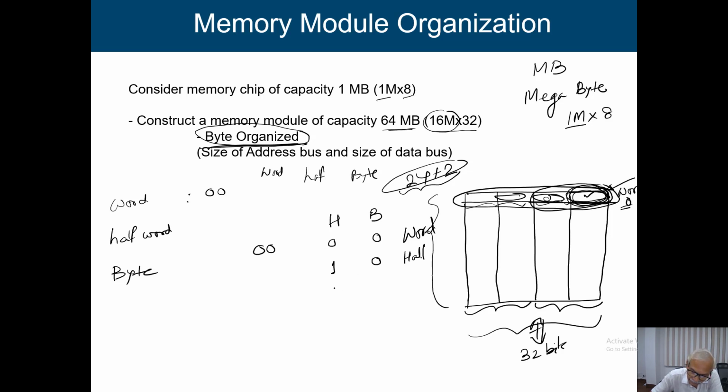And when it is 1 and 1, I am going to work with a byte. And 0 1 I am not using, so this is not used. So this is with last 2 bits 00.